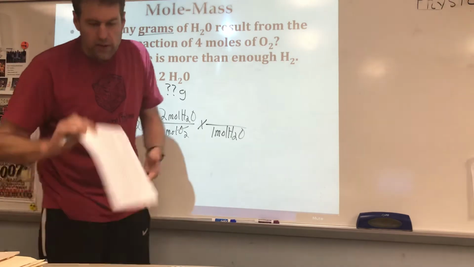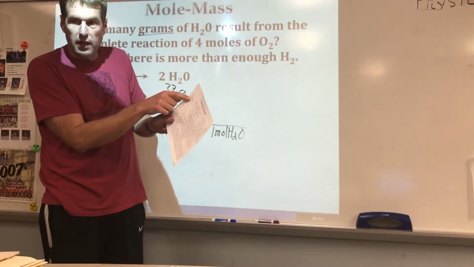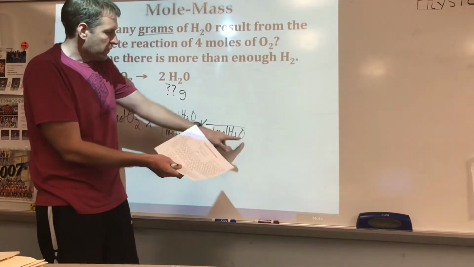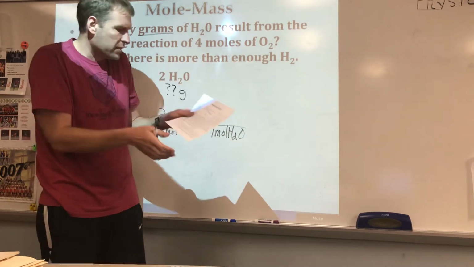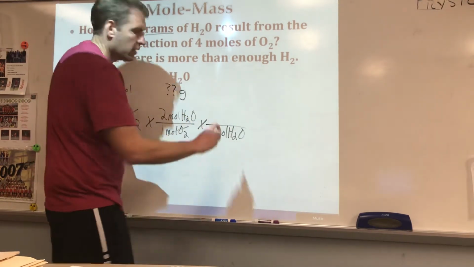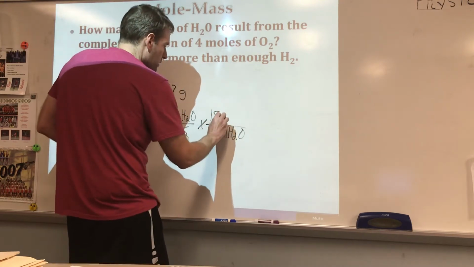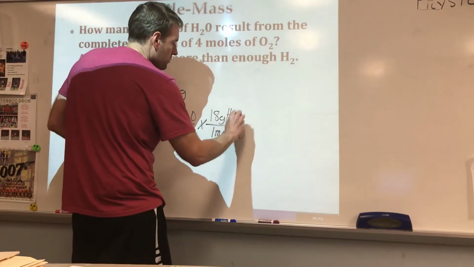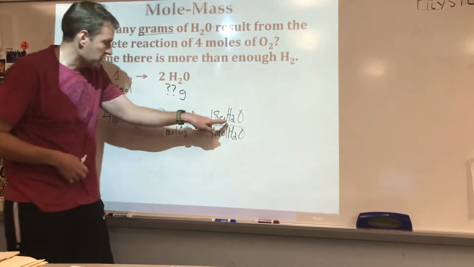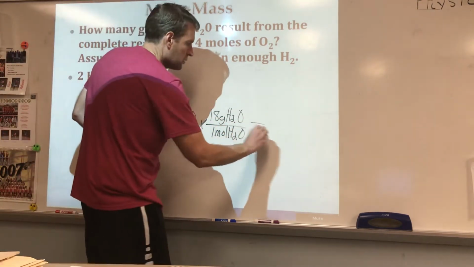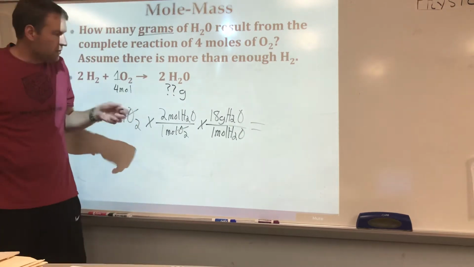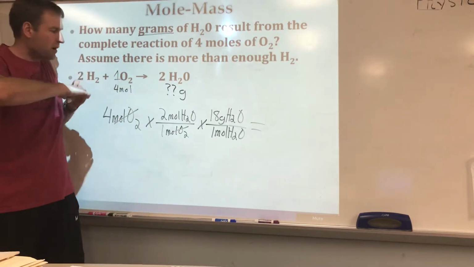Well, I look on my periodic table, I'd find hydrogen is 1, but I've got 2 of them. And oxygen is 16. Okay, so 16 plus 2 is 18. So 18 grams of H2O per mole. So if I had 1 mole of H2O, it'd be 18 grams. So just like the other problem, we multiply the numerator, divide by what's on the denominator.